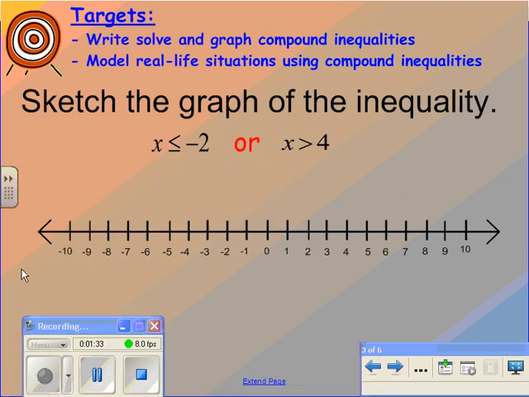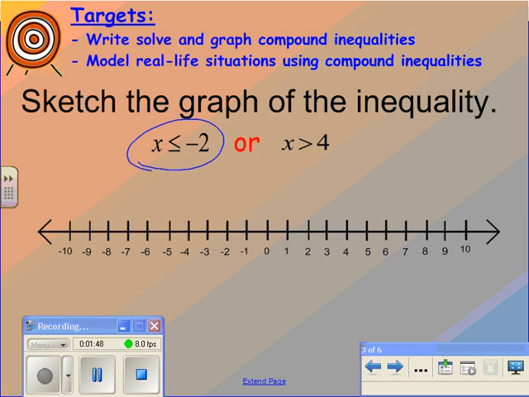Okay, on this next slide, we're going to sketch the graph given the two inequality statements. So again, let's start with our first one over here on the left side, which is x is less than or equal to negative 2. So I'm going to start with the negative 2 on the graph.